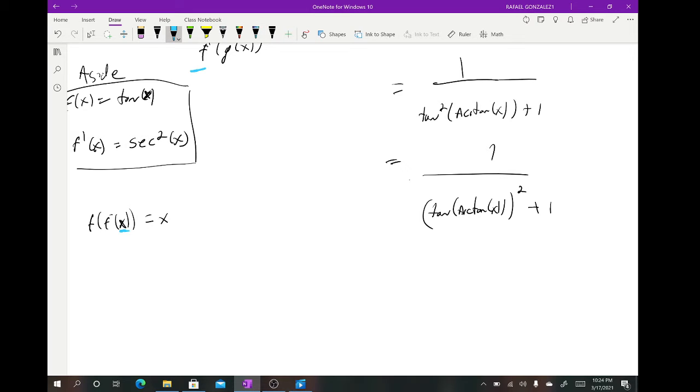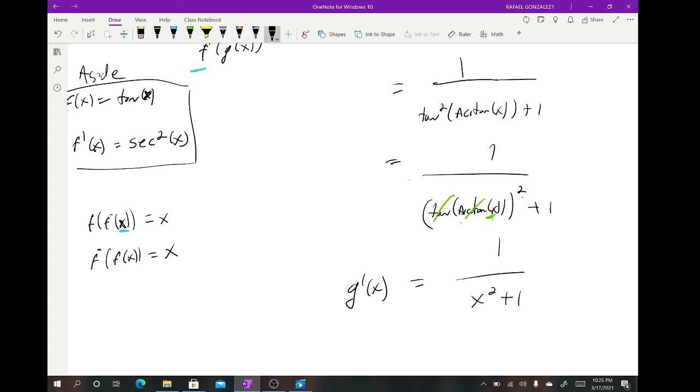That's how you show that two functions are inverses of one another. If you could compose one with the other, and you get back x. So by definition, since arc tangent is the inverse of tangent, you could say that these two cancel each other out, and you simply are left with x to the second power. So this is equal to 1 over x squared plus 1.